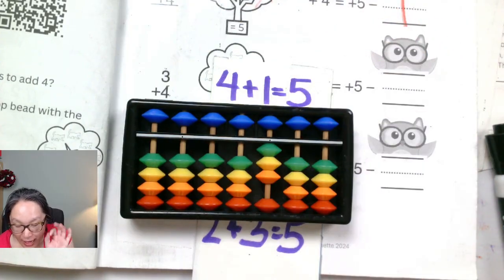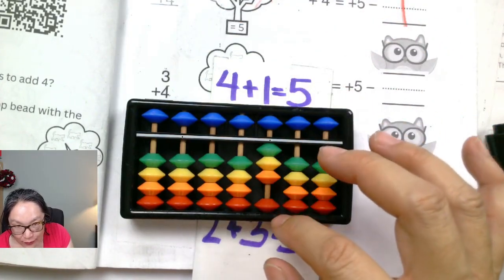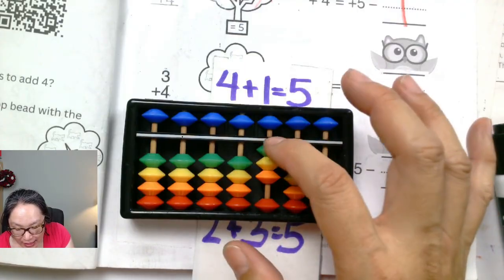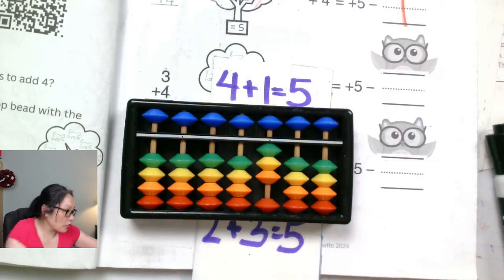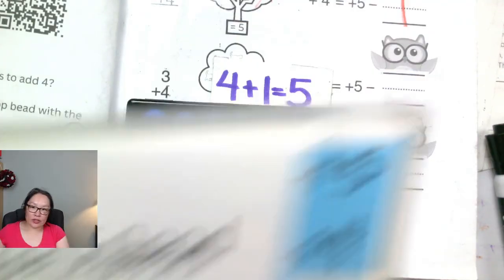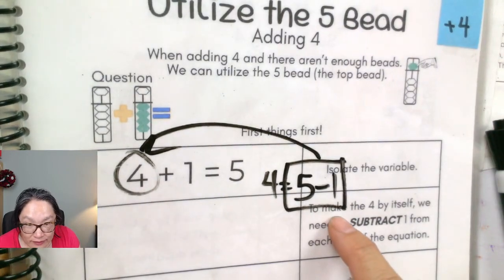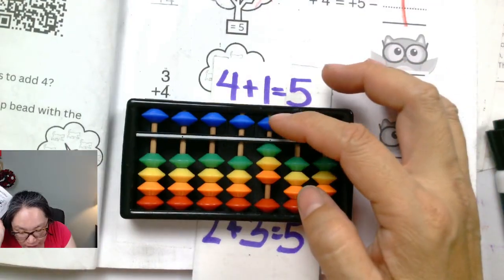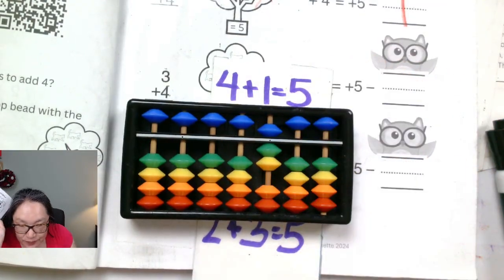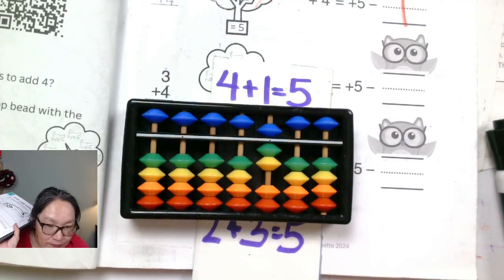There's not enough beads to add the 4. So what are we going to do? Plus the 4 is equal to plus the 5 minus the 1. So we're going to plus the 5 and we're going to take away the 1. Our final answer is 7.